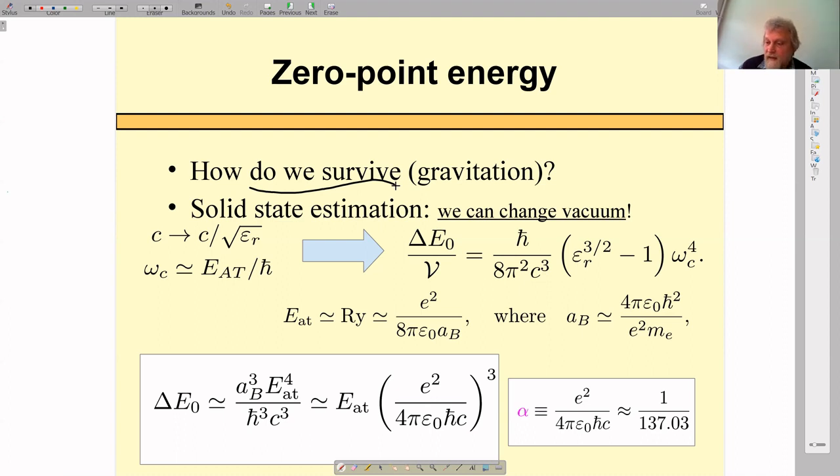So zero-point energy would produce a gravitational field, and that would be eventually enormous. It would diverge and would eventually collapse all of us. So it looks like zero-point fluctuations do not produce a gravitational field as they should.